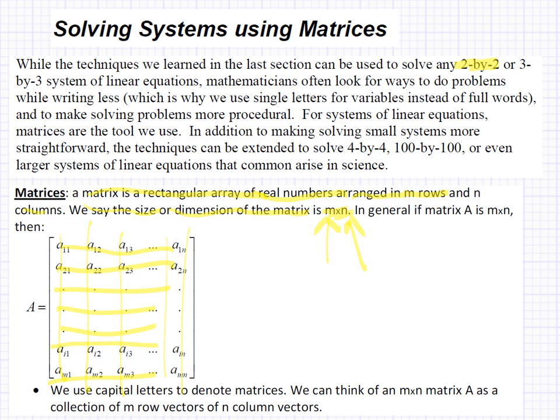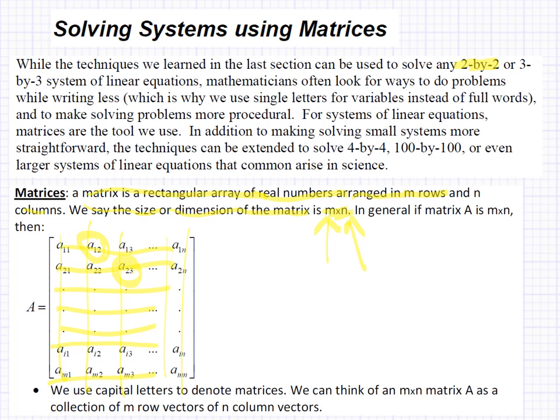We can then look at each member of the matrix and identify it by which row and column it is in. So if you look at, say, A12, that means A12 is in row 1, column 2. Or A23 is in row 2, column 3.